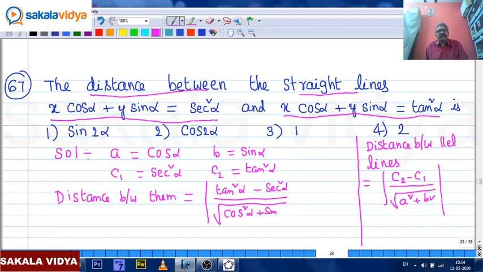Very interesting. Cos square alpha plus sin square alpha is 1, whereas we know the formula secant square alpha minus tan square alpha equals 1. But here we have the reverse: tan square alpha minus secant square alpha, that we can write as minus 1 by root 1, mod. So mod of minus 1 is 1, and 1 by root 1 is 1. So the answer is 1. That means the third option is the right option.